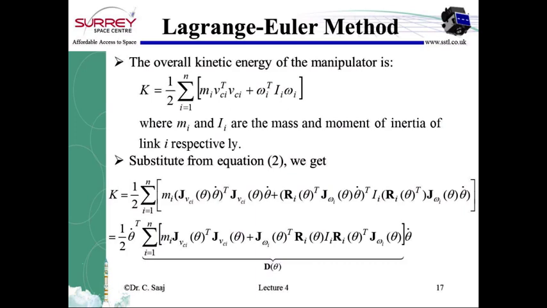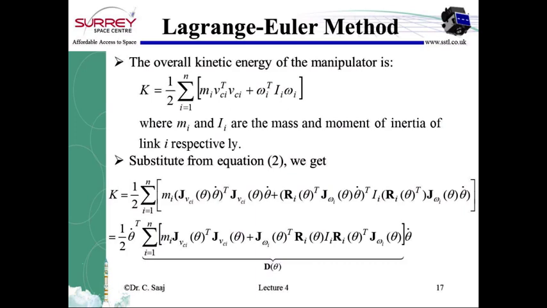So that is m_i v transpose v plus omega transpose I omega. Here m suffix i is the mass of the ith link and I suffix i is the moment of inertia of the ith link.